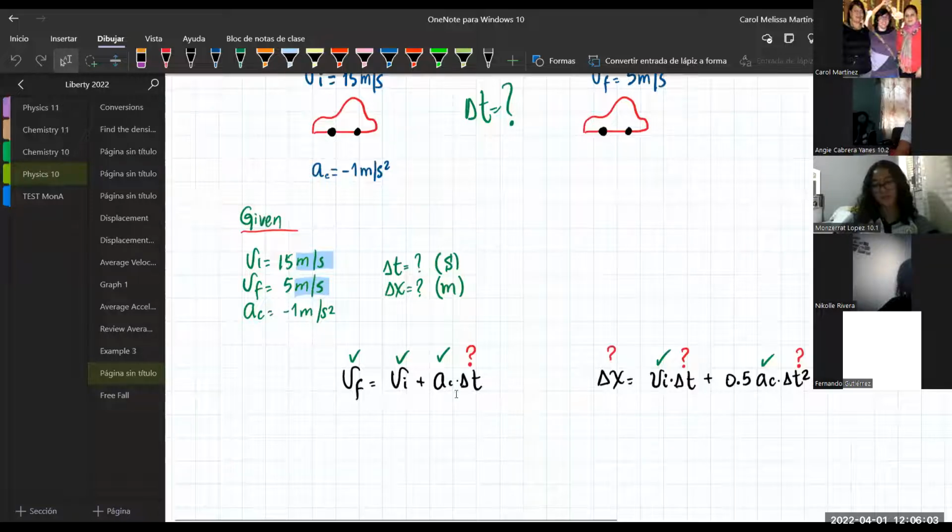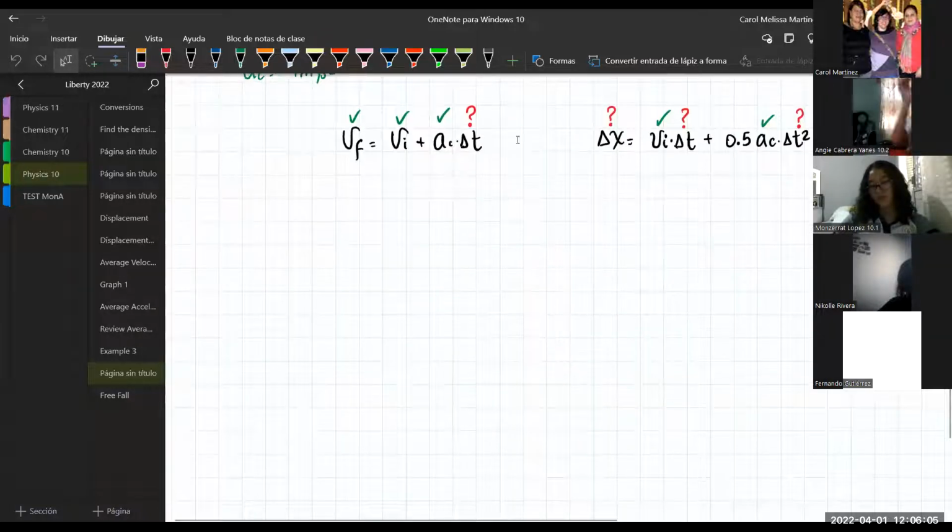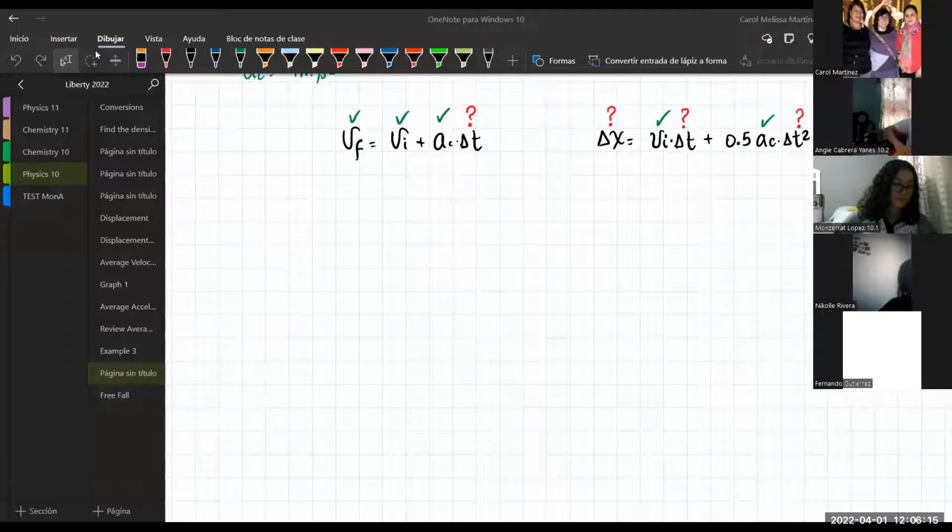So from the two formulas that I have, I need to see which formula works better for me. What is going to be easier to isolate? So I need to solve for the unknown. What is my unknown?